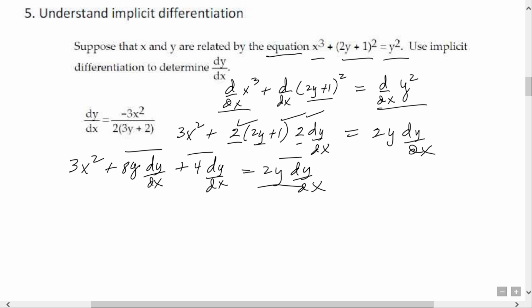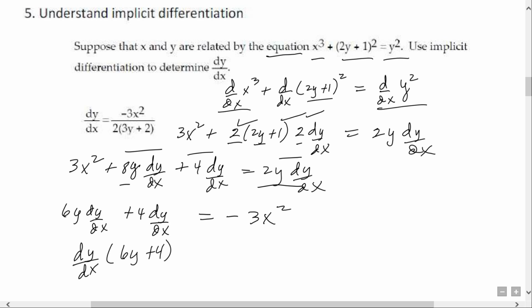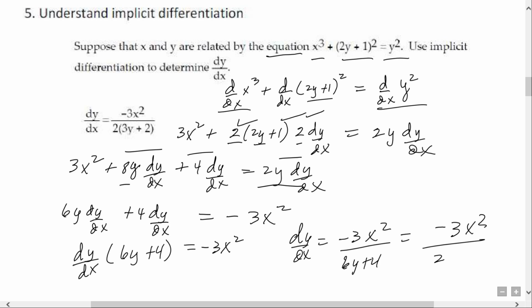Notice we'll subtract the 2y from the 8y and get 6y dy dx plus 4 dy dx, and we move to the other side the terms that don't have dy dx, and so now we factor out dy dx times 6y plus 4 equal minus 3x squared, and solve for dy dx equal minus 3x squared over 6y plus 4, and if you want to, you can factor a 2 out of the denominator and get 2 times 3y plus 2.